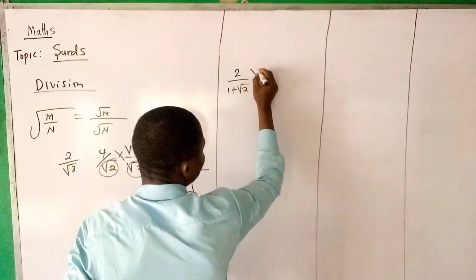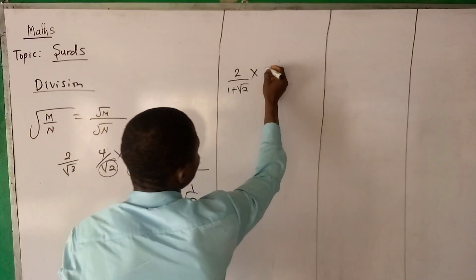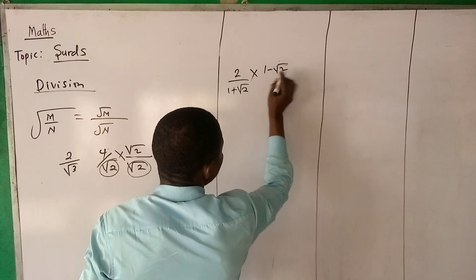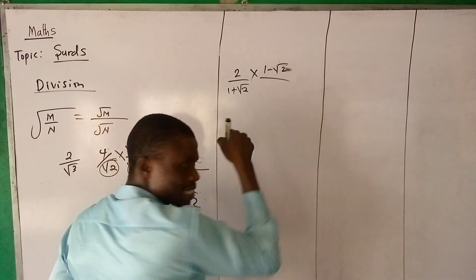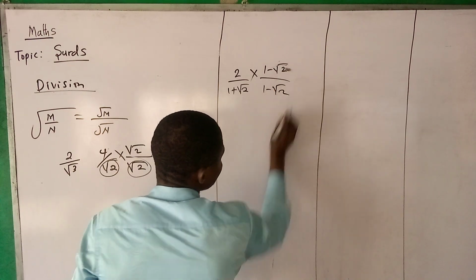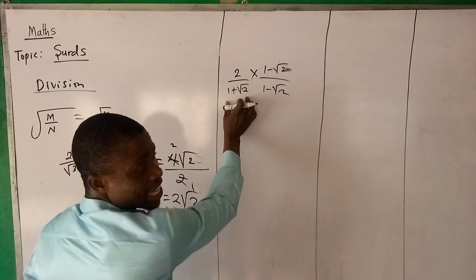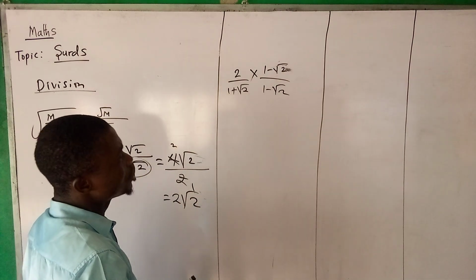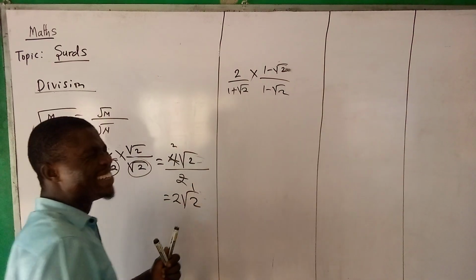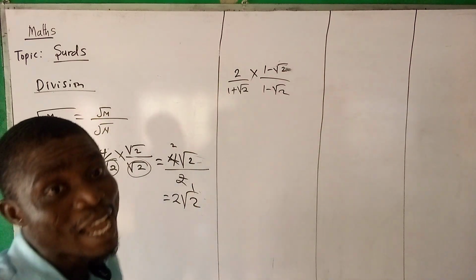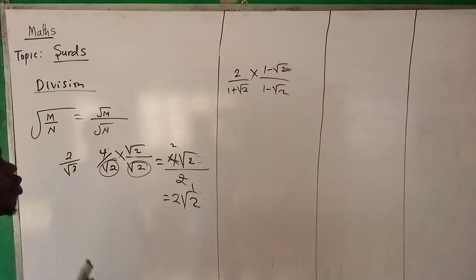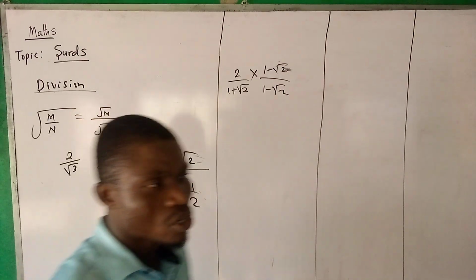Then use it to multiply both the numerator, 1 minus surd 2, and also the same thing to multiply the denominator. That is when you have a case like this. Look for its conjugate before you multiply the numerator and the denominator by the same conjugate. Alright, so that's what you have to know when we come to division of surds.